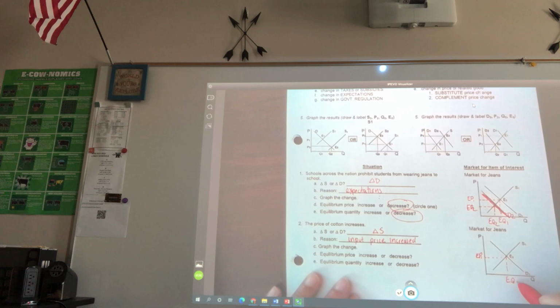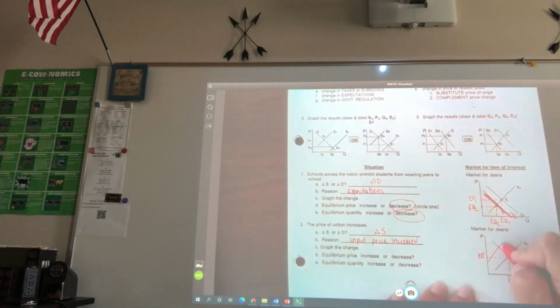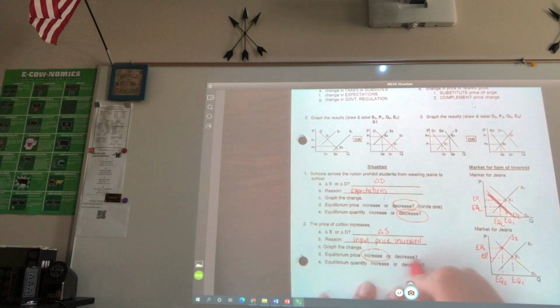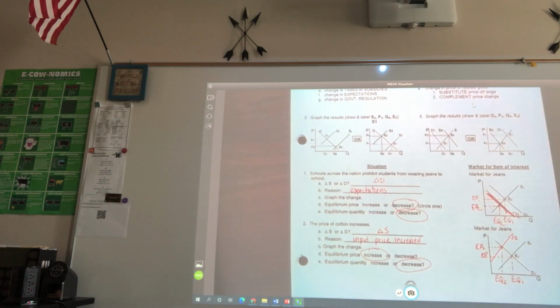If the price of cotton increases, which way is my supply curve gonna go? To the left. So then, what happened to the equilibrium price? It increased. What happened to the equilibrium quantity? Decrease. Alright, do you get what you're doing now? I'm gonna let you work on this, and then we'll come back and go over the backside.